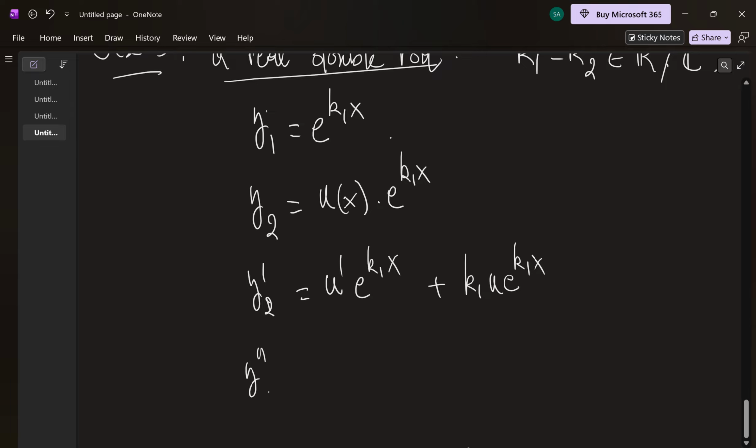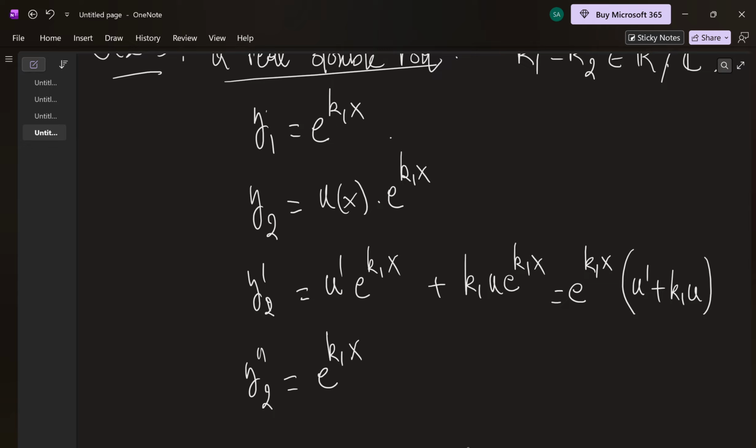Next, if you take the second derivative of y2, you will find exponential k1 x times u prime plus k1 u, and if you differentiate again, I will give you directly the answer, it's simply algebraic operations: u double prime plus 2 k1 u prime plus k1 squared u.